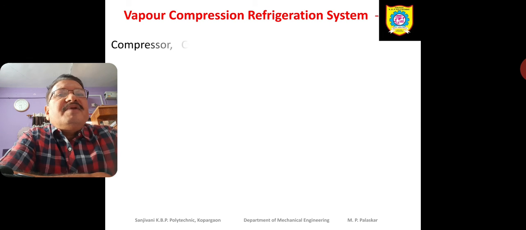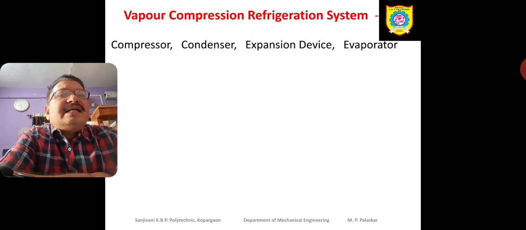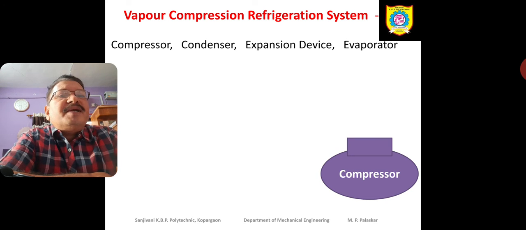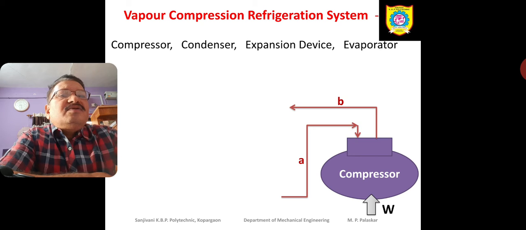We are studying the vapor compression refrigeration system. Refrigerant enters the compressor, and work is supplied in the compressor. So process AB is the compression process.